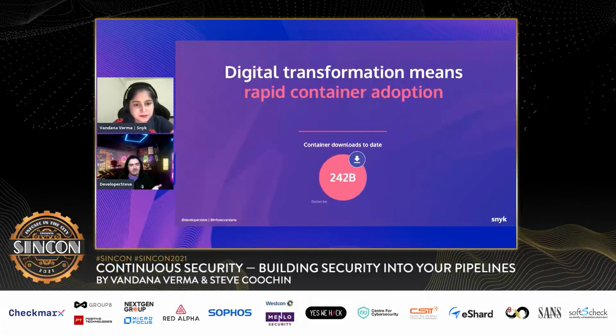If you think of Docker, for example, there's over 242 billion container downloads from Docker Hub to date, which is phenomenal. And from the development side of things, I can build in a containerized environment locally, and then use that to deploy onto infrastructure with elasticity, which is great because ultimately we build these applications and deploy onto infrastructure with the idea that we're going to be building an amazing application that gets super fast adoption.